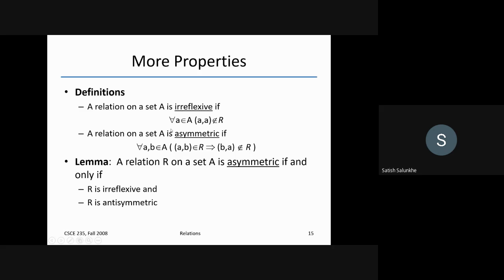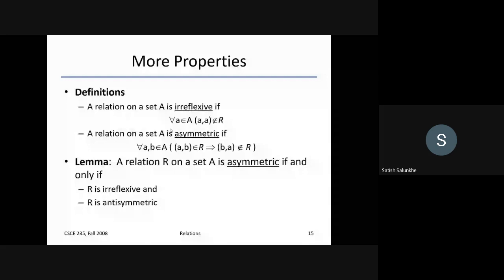You rightly pointed out: (x, y) belongs to R, but (y, x) is not at all there in R, so there is no violation of the condition, and definitely it is antisymmetric. So every asymmetric relation is antisymmetric also. But every antisymmetric relation does not guarantee that it is asymmetric.